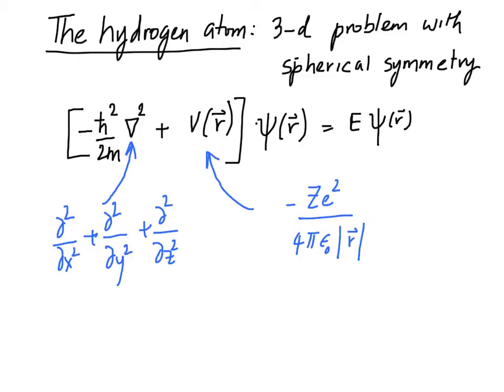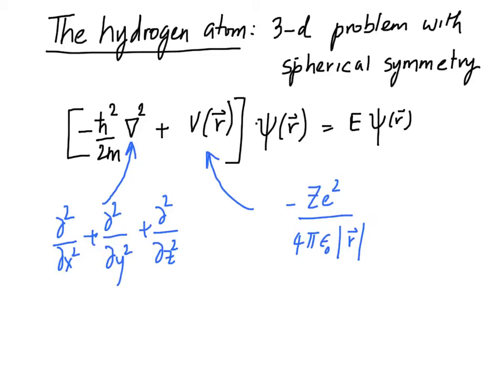So throughout it is assumed that our nucleus is fixed at the origin, and the position of the electron is basically the r vector. But it's only the scalar, the magnitude of r, that matters from the point of view of this attractive Coulomb interaction, right?